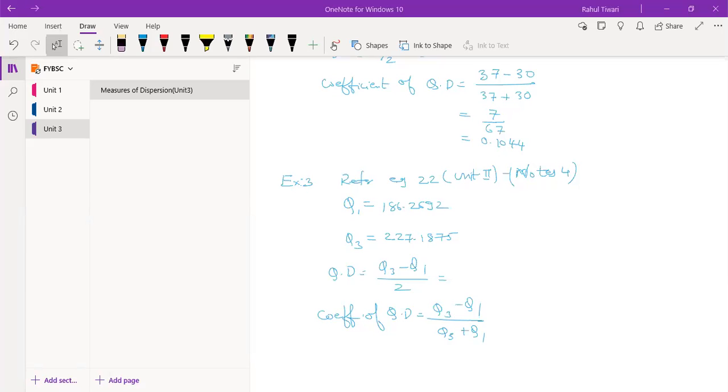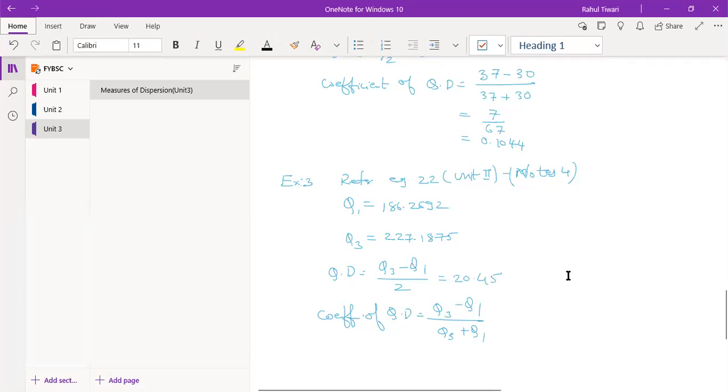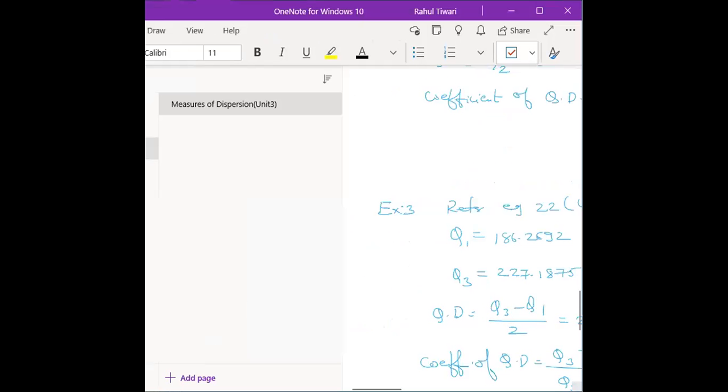QD is coming 20 point something, 20.45. 20.4589, 24 point.